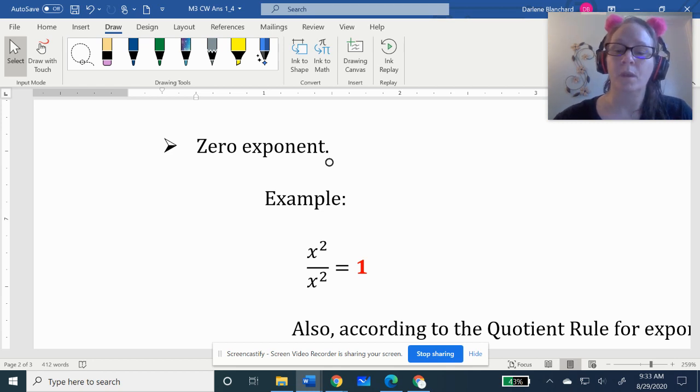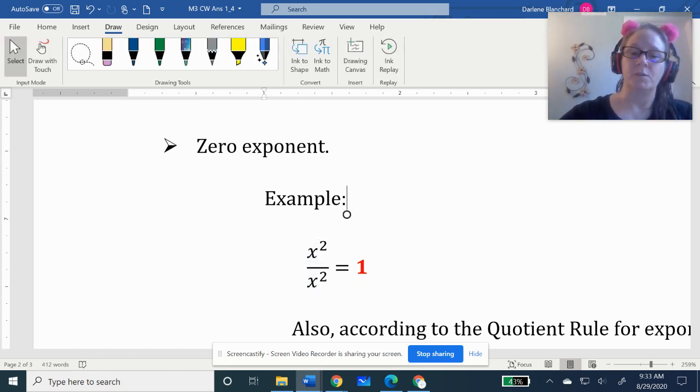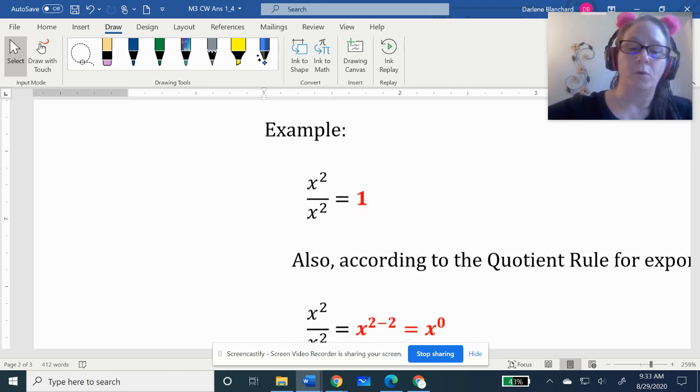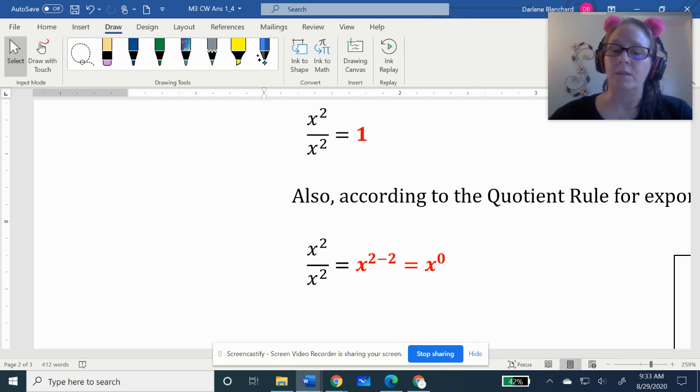So I'm starting you off with an example of x squared divided by x squared. It makes sense that that's going to just be 1. But according to the quotient rule, x squared divided by x squared is x to the power of 2 minus 2. That means the exponent is 0.